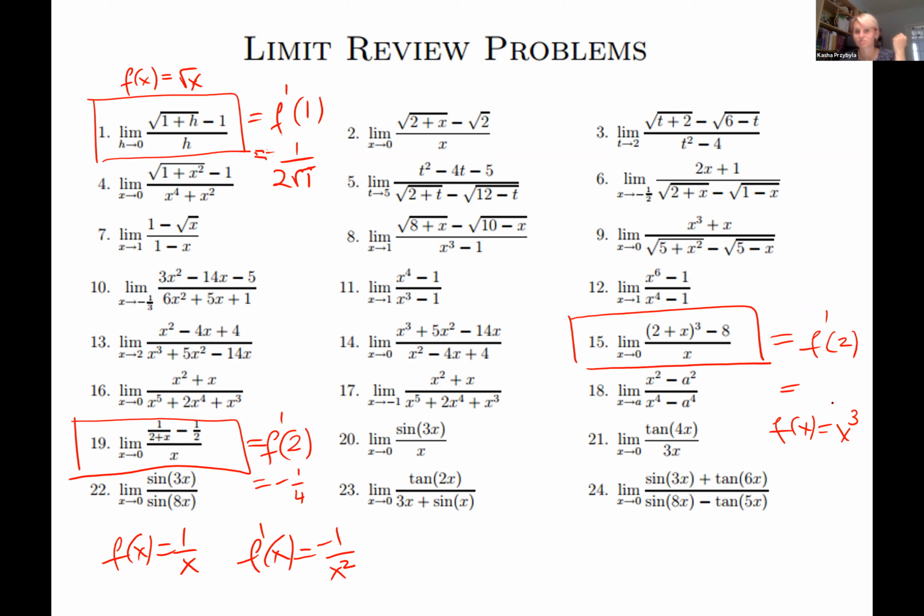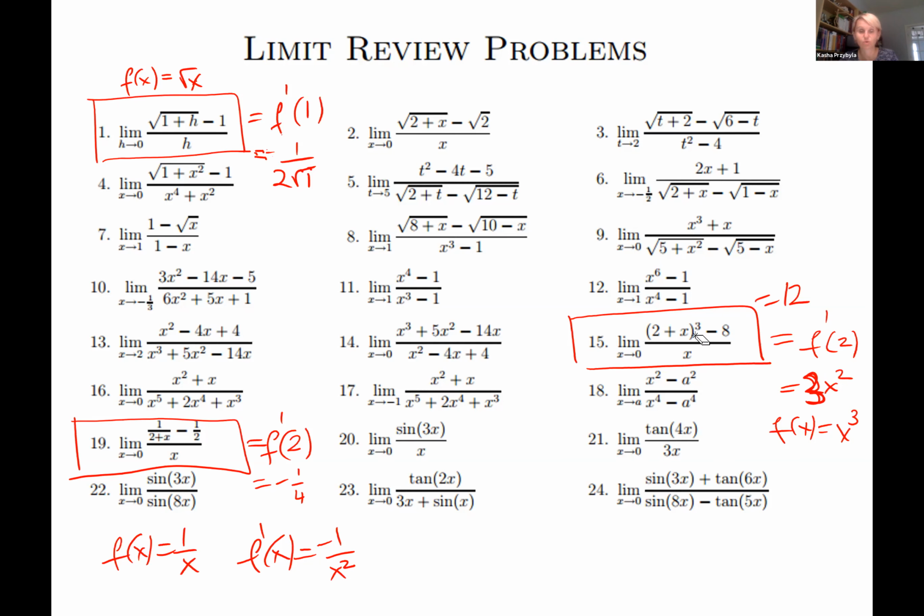Everybody knows the derivative of x cubed. It's 3x squared. Substituting 2 instead of x, 2 squared is 4, 4 times 3, 12. The answer is 12.